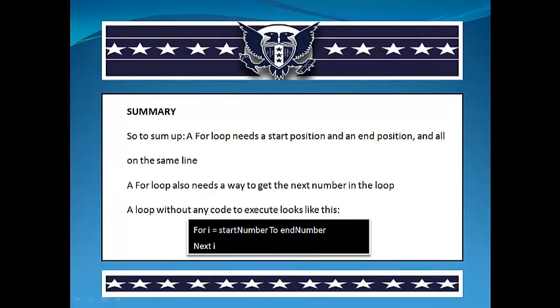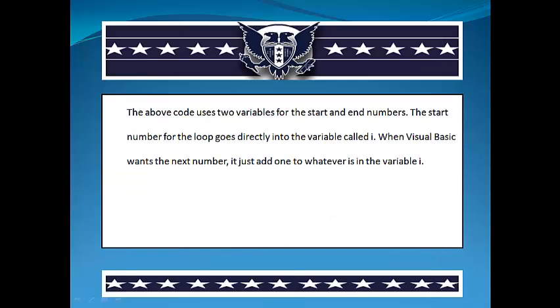Summary. To sum up, a for loop needs a start position and an end position, all on the same line. A for loop also needs a way to get the next number in the loop. A loop without any code to execute looks like this: For I equals start number to end number, next I. The above code uses two variables for the start and end numbers.